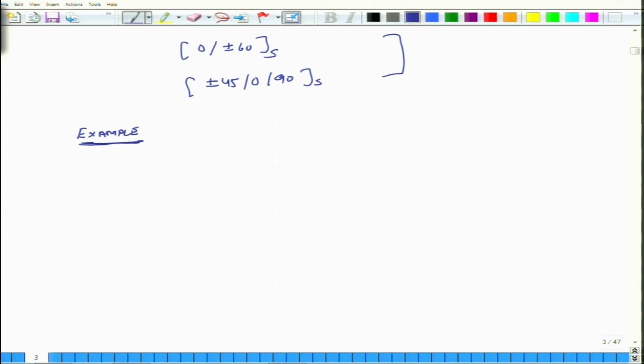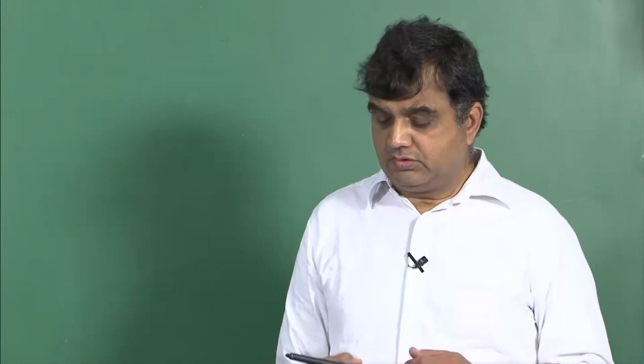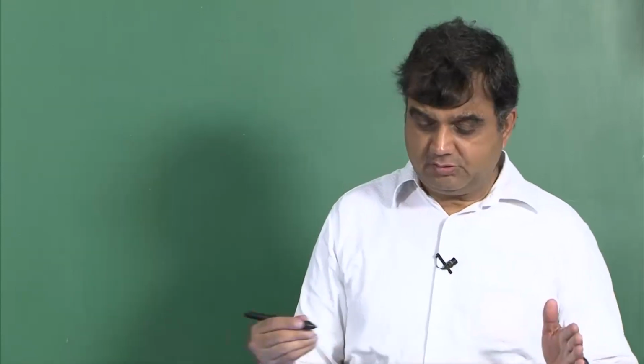Let us say we have a 0 plus minus 45, 90 laminate. We are making this laminate not from continuous fibers, but from short fibers, and we are making two laminates.